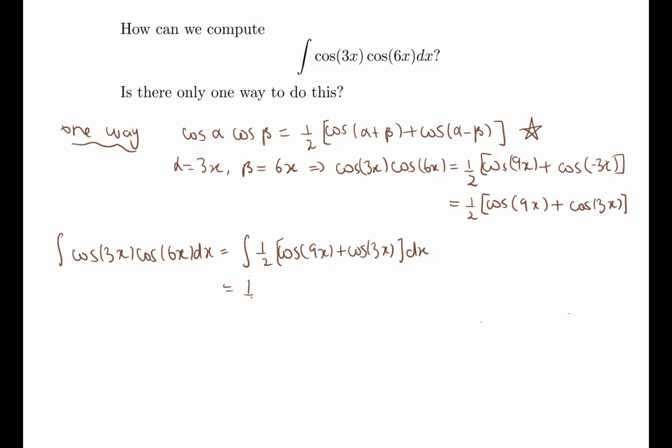So here we have a half of the integral of cosine of 9x plus a cosine of 3x. And we can also distribute integrals. The integral of the sum is the sum of the integrals. So we actually have a half of the integral of cosine of 9x plus the integral of the cosine of 3x.